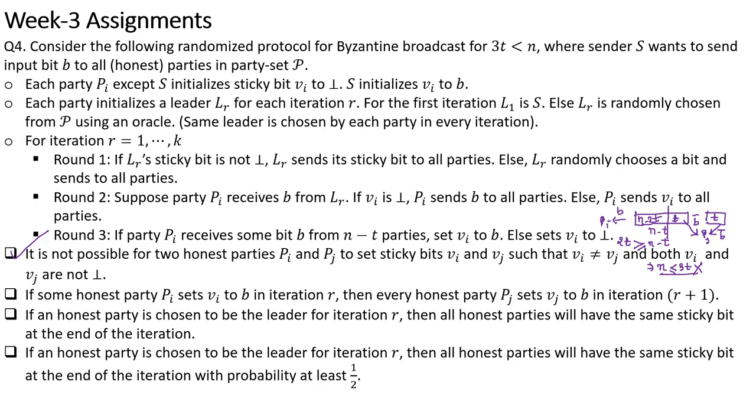In that case, all the honest parties will have the same bit at the end of the iteration. And the fact that the random coin toss will give you the same bit as the other honest parties has probability half. So the last statement is correct.